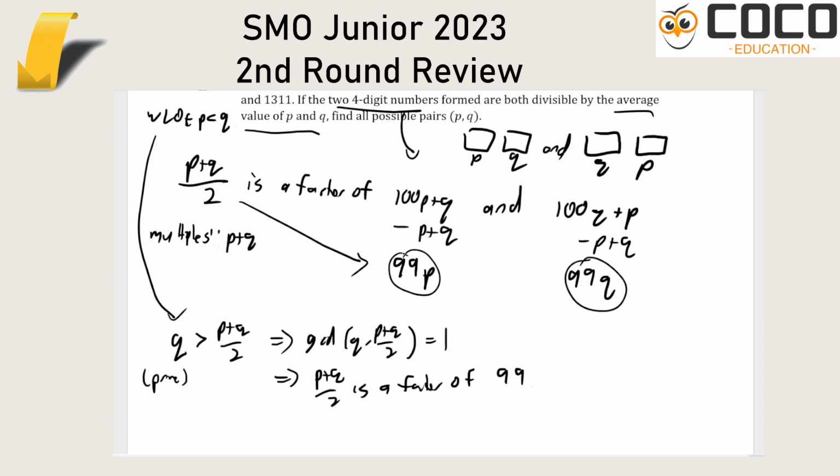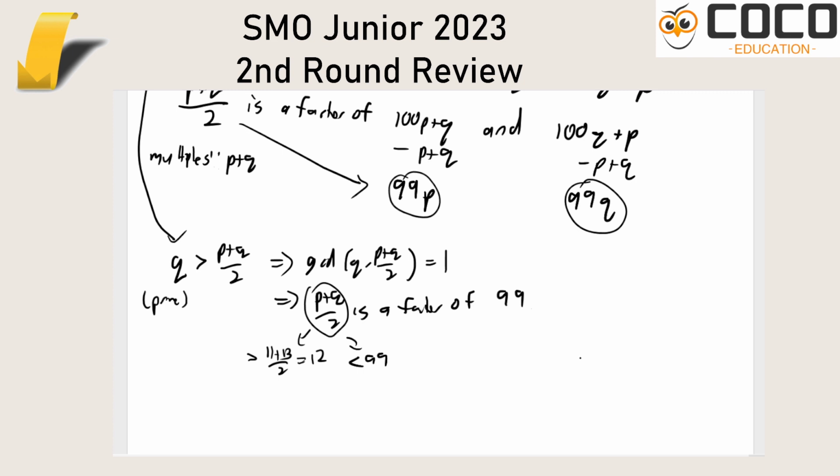Not many possibilities, because (P+Q)/2 can't be that small or that big. They are 2-digit, so it is at least going to be 12, and of course it's going to be less than 99. Being stuck in between, the only possibility is that it is 33, and P+Q is 66.